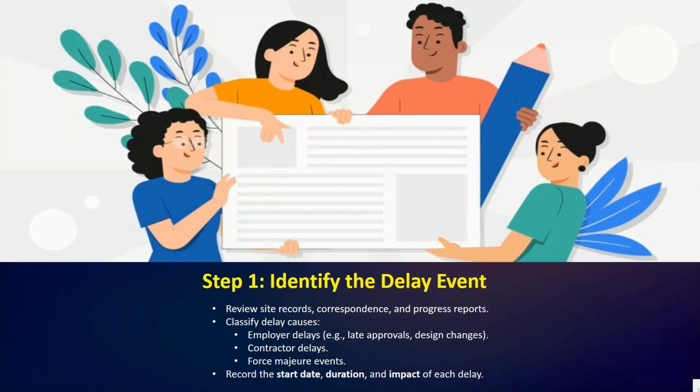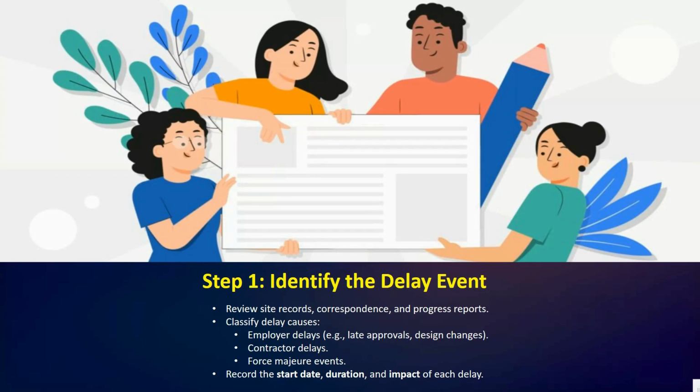Employer delays, for example, late approvals, design change, delayed payment, or late site handover. Second, contractor delays, for example, poor resource management or equipment breakdowns.